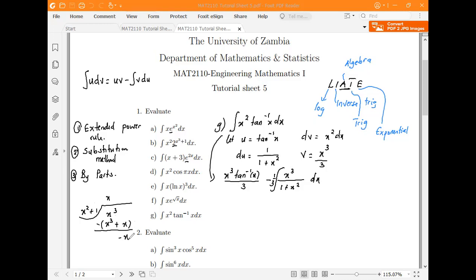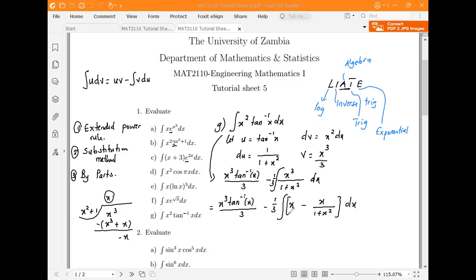So that means that we can write this thing as x³ tan inverse of x over 3 minus 1 over 3, and then the integral of x, minus x over 1 plus x². Yes. This is the important insight.